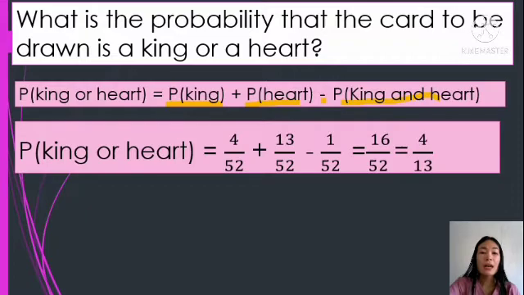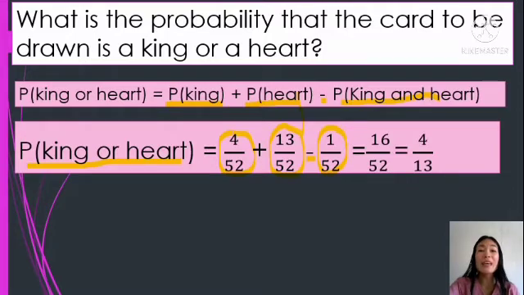Using the formula by substitution, we have probability of king or heart equals 4 over 52, which is the probability of the king card, plus 13 over 52, which is the probability of the heart card, minus here 1 over 52. Why 1 over 52? Okay, that's correct.